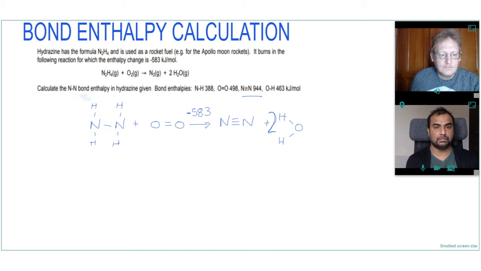So we can write that on the arrow. And then we can work out the bond enthalpies for the reactants and the products. So the nitrogen bond is what we're trying to calculate, so we can call that X. And then we've got nitrogen-hydrogen bonds, 1, 2, 3, 4 nitrogen-hydrogen bonds. So that's 4 times... NH bond is 388, isn't it? Thank you, Atul. Oh, I did the nitrogen triple. Yeah, the triple one. So NH is 388.